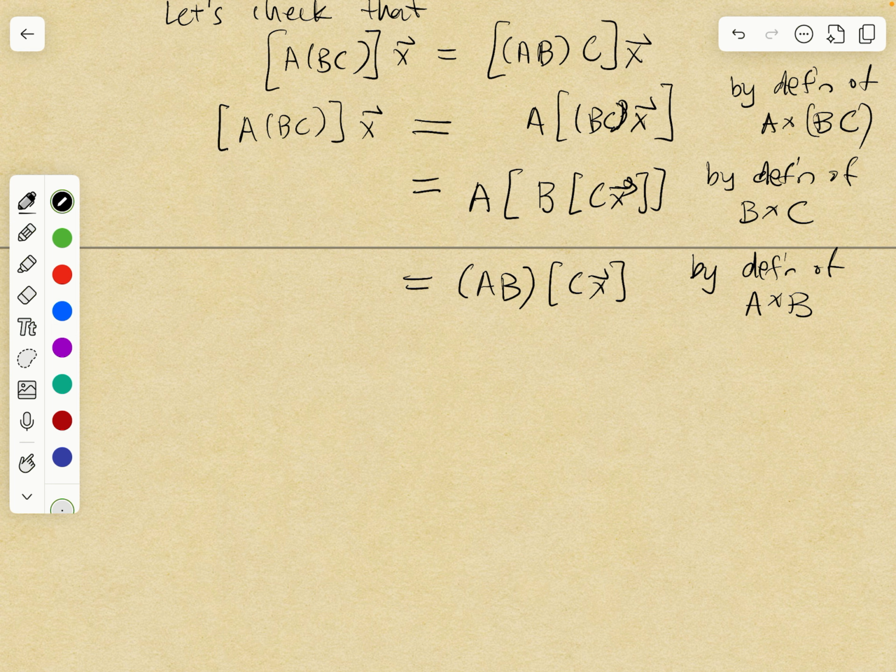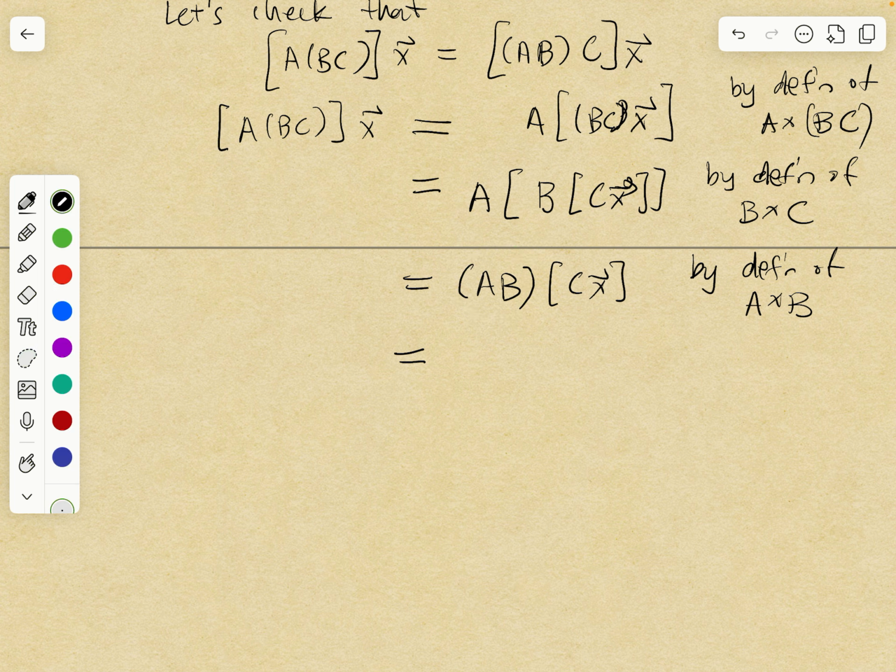And now, by definition, I have this matrix AB and this matrix C. When I do that product, AB times C, what it does to the vector x is, by definition, you take C times x and then apply the matrix AB to it.